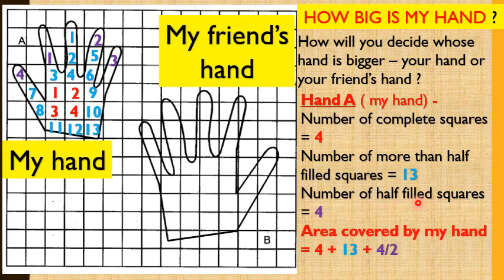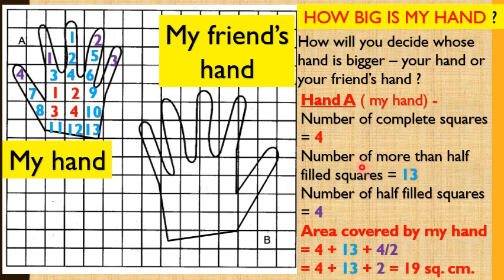Now we will find the area covered by my hand as the sum of complete squares plus the number of more than half filled squares plus the number of half filled squares divided by 2.